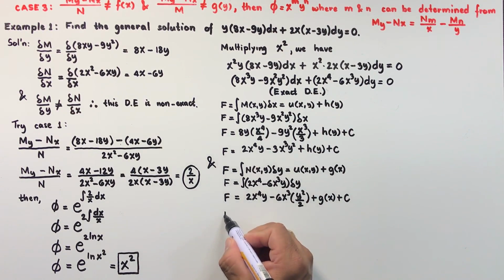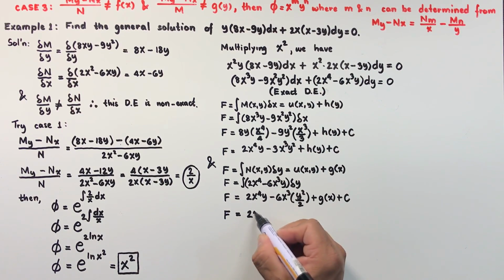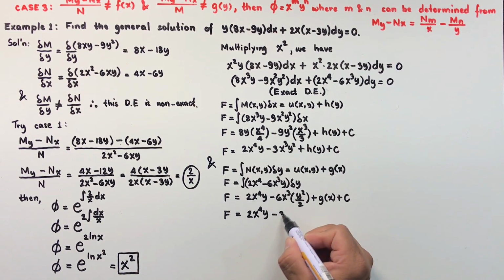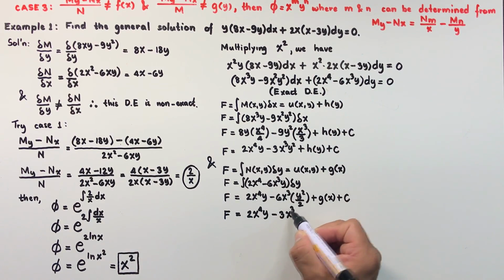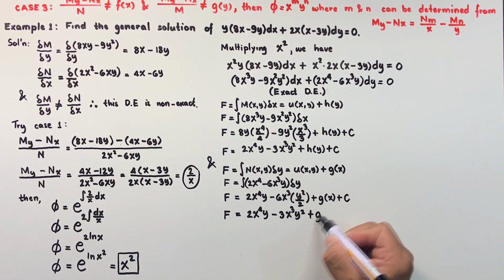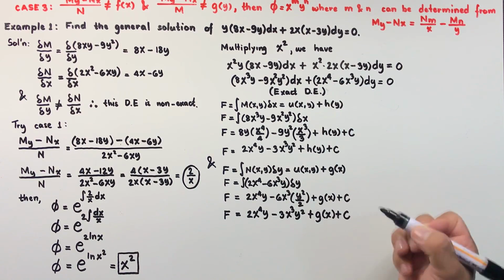So we have our solution big F, which is equal to 2x to the fourth y minus 3x cubed y squared plus the g of x plus the constant of integration c.